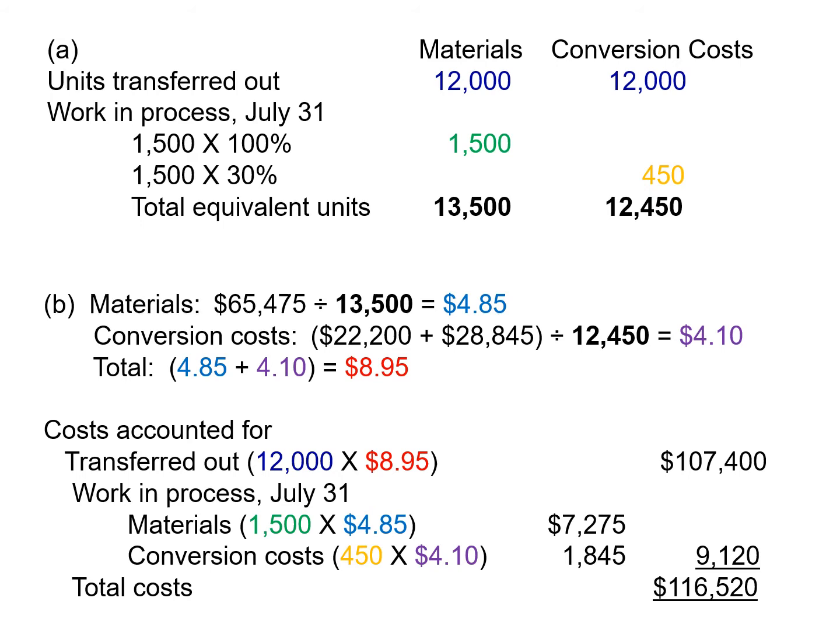If we multiply those two numbers, we arrive at $1,845. If we add our material and our conversion cost together, we get $9,120. And that's the amount we're going to allocate to our work in process ending inventory. Again, we want to make sure that what we transferred out and what we allocated to our work in process equals what we were supposed to account for. It does, $116,520.